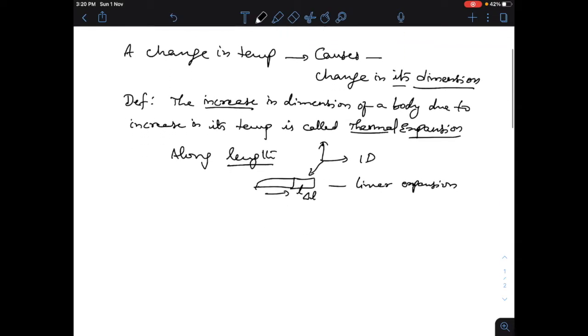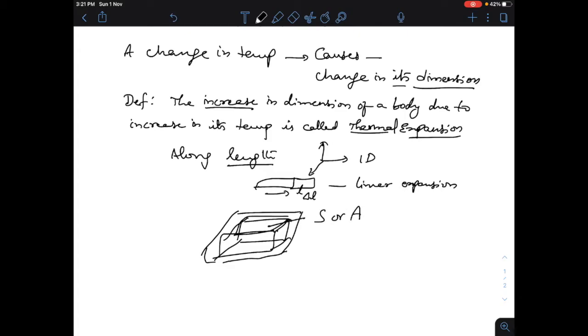Now let us say I have a surface like this. So the increase is along this particular surface. So surface or surface area or area I can say. If the increase is along x direction and y direction, that means it's a two-dimensional one.